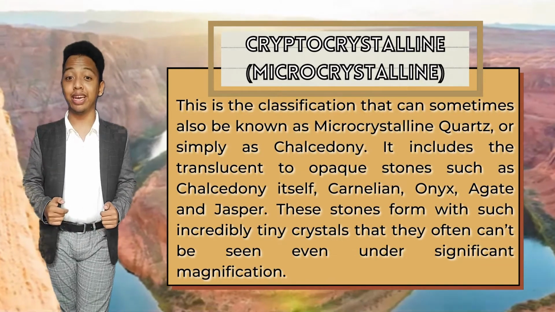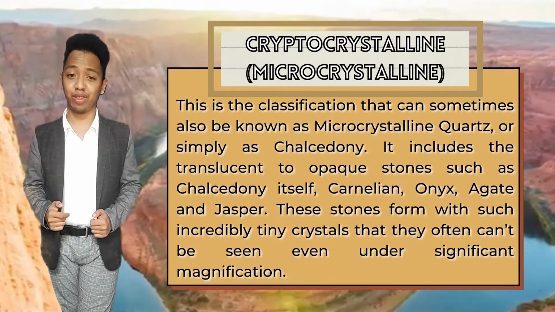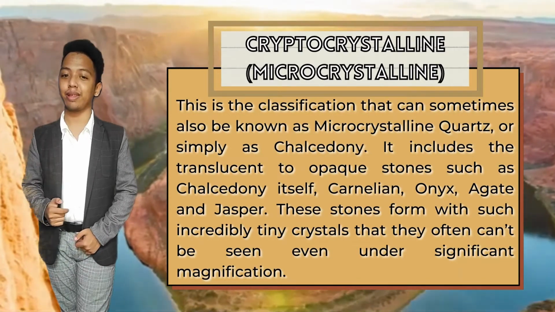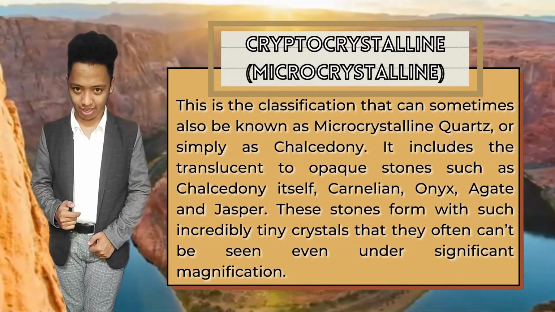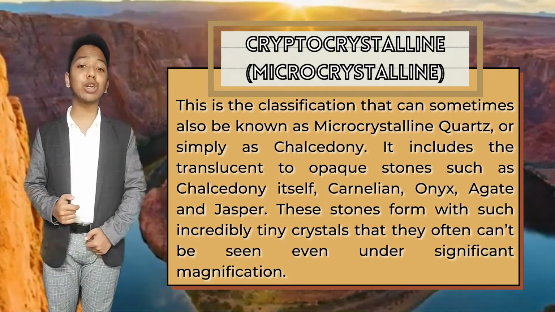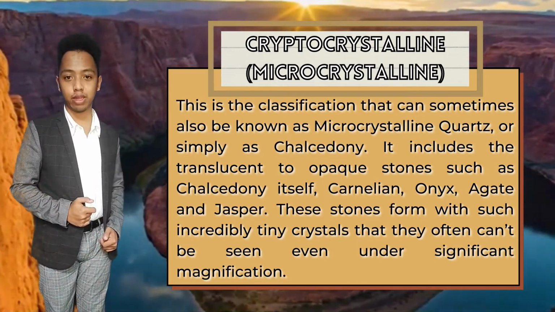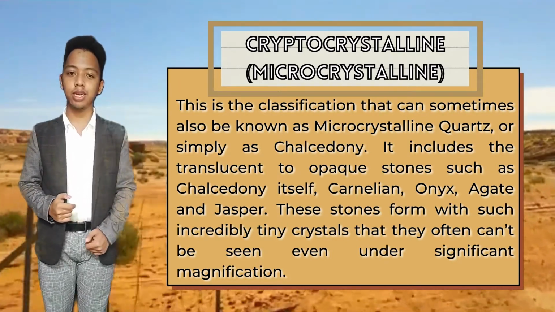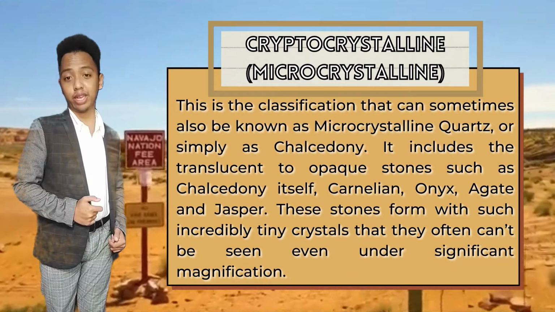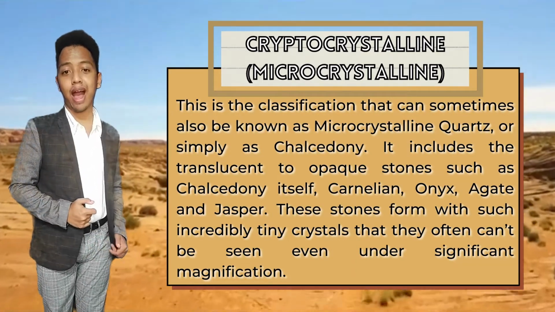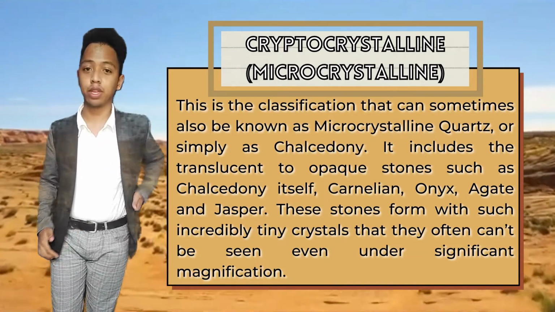Cryptocrystalline. This classification is sometimes also known as microcrystalline quartz, or simply as chalcedony. It includes the translucent to opaque stones, such as chalcedony itself, carnelian, onyx, agate, and jasper.